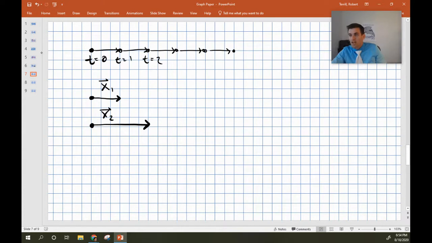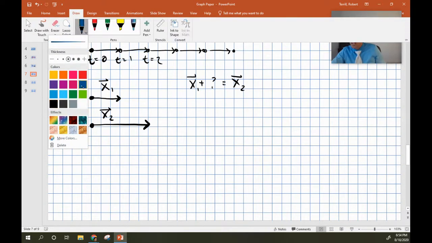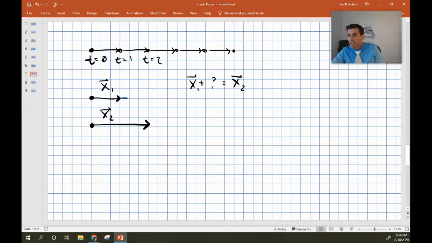If we want to figure out what, added to x1, takes us to x2, we can draw in the vector, because if this is the resultant and this is how we started, then what vector added to this one will get us to this one? The answer is fairly simple. It would just be this vector here. This is our unknown vector that takes us from here to here.